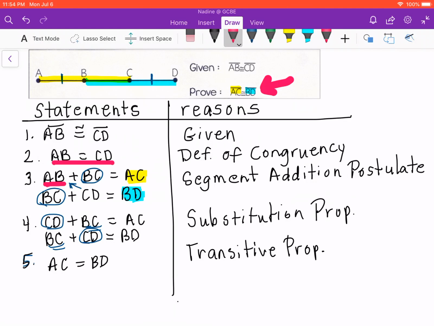So we can use the definition of congruency. Because those are the same length, we can state that they are congruent. So segment AC is congruent to segment BD, and that's our definition of congruency.